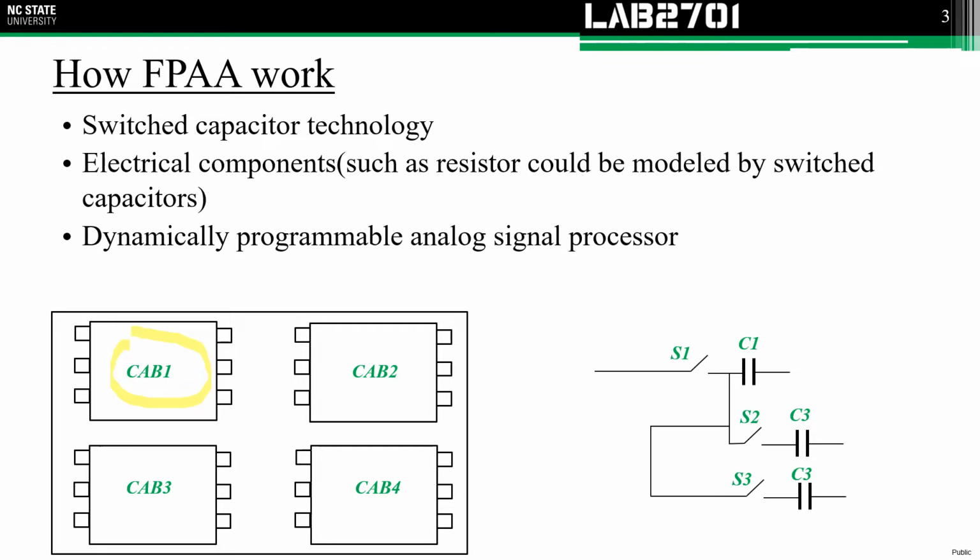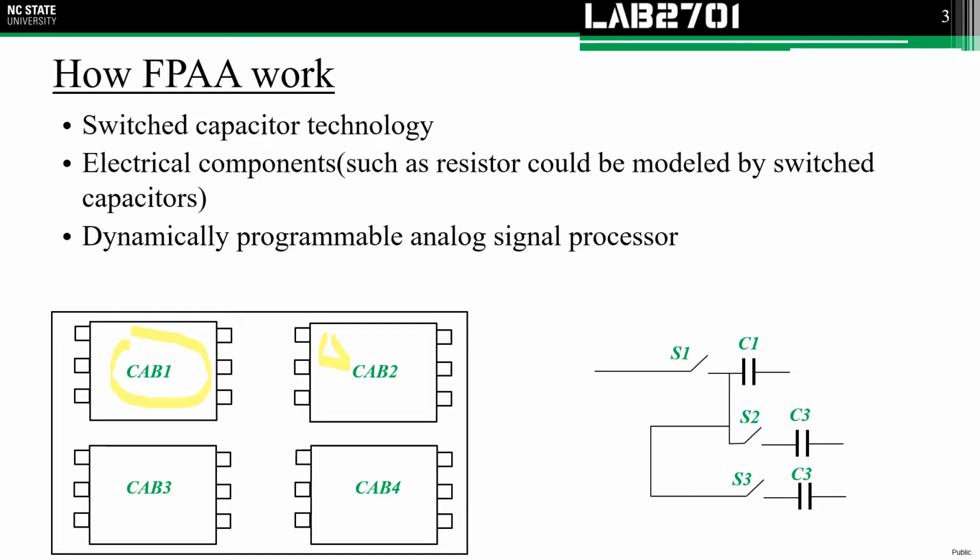Each one of the analog modules can be used to implement some electrical components. You can have an op-amp integrator, and something like an inverting or non-inverting amplifier. You can also do math operations such as subtraction or addition between two different components.